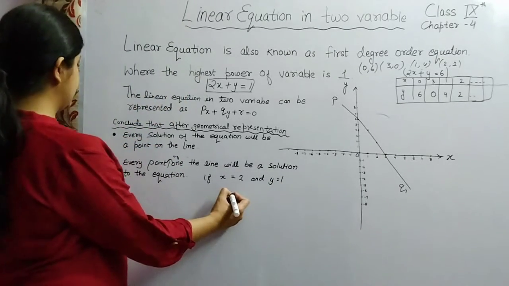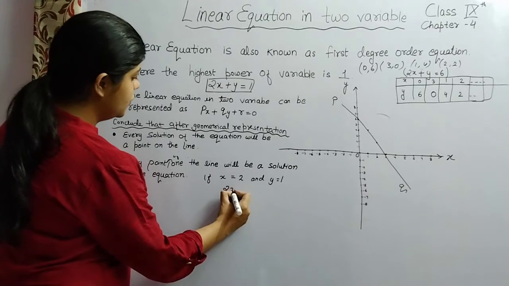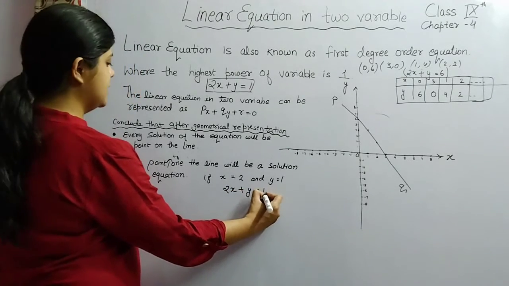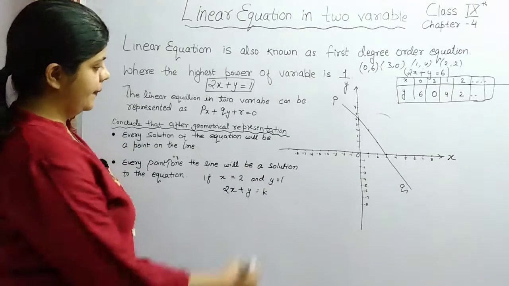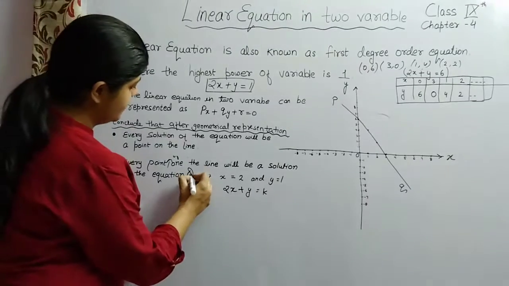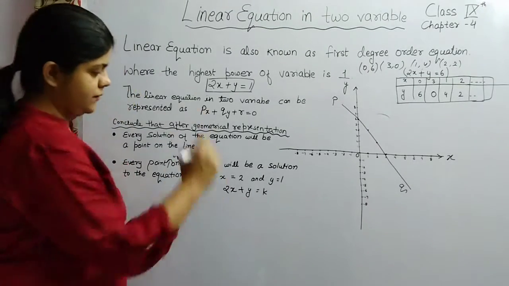The equation is 2x plus y is equal to k. Exercise number 4.2 and the question number is 4.